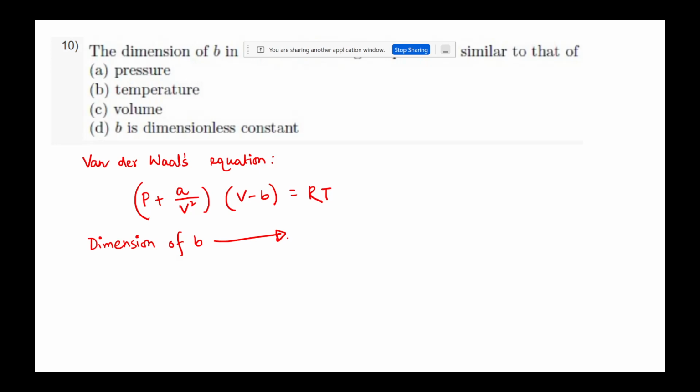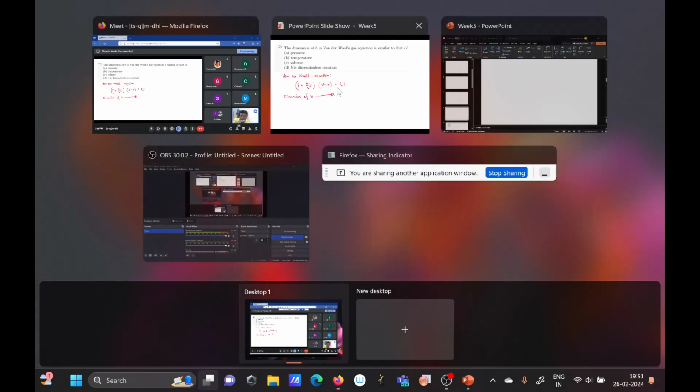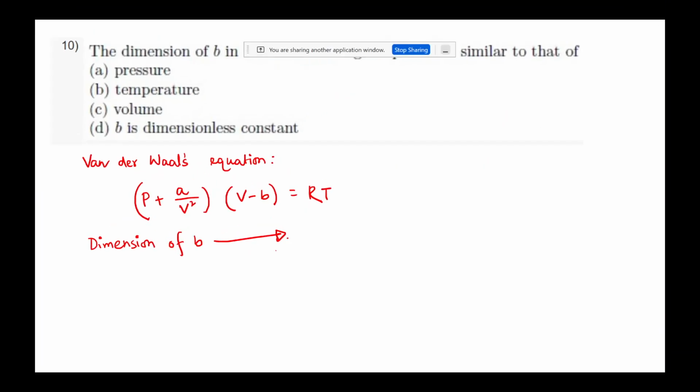Please, this is very simple. Volume, sir. To add or to subtract from some quantity, you need to have the same dimension. Since there is V minus B, they need to be of the same dimension. So as Renuka said correctly, the dimension of B will be the same as volume.